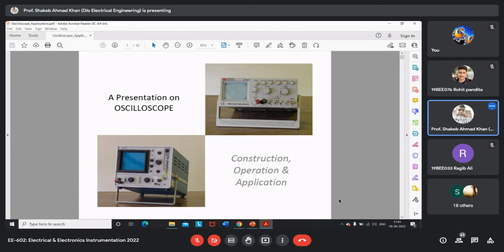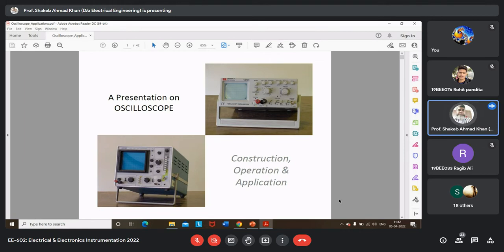Now I'm coming to the current signal. If you want to see the current signal, then you have to convert it into a voltage signal. Only then can you apply it to the oscilloscope so that it can be seen. One of the objectives is to display the time varying voltage signal.